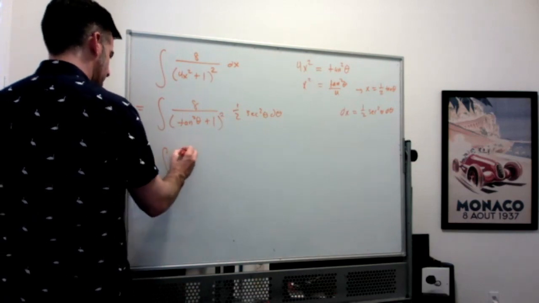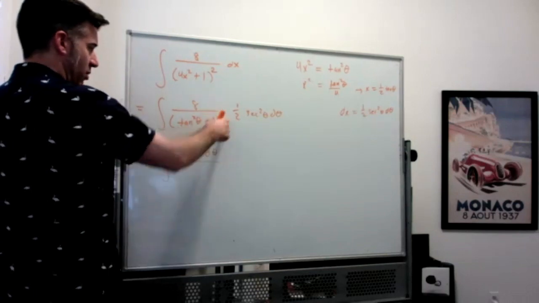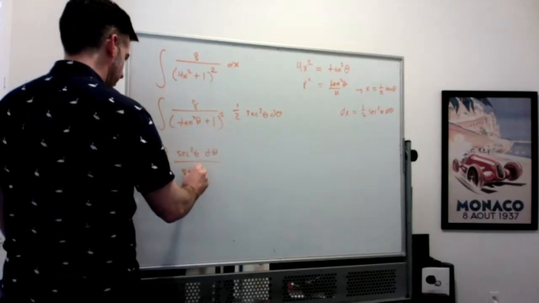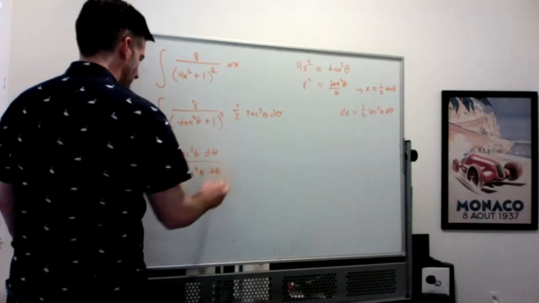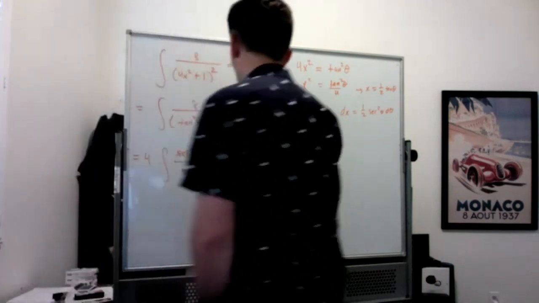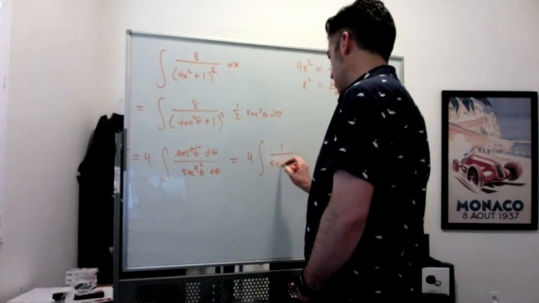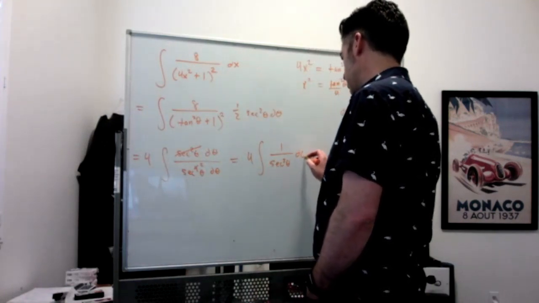And I have a secant squared theta d theta over secant squared squared, which is secant to the 4th. Cancel 2 of those with 2 of those. So I'm left with 4 times the integral of 1 over secant squared theta.